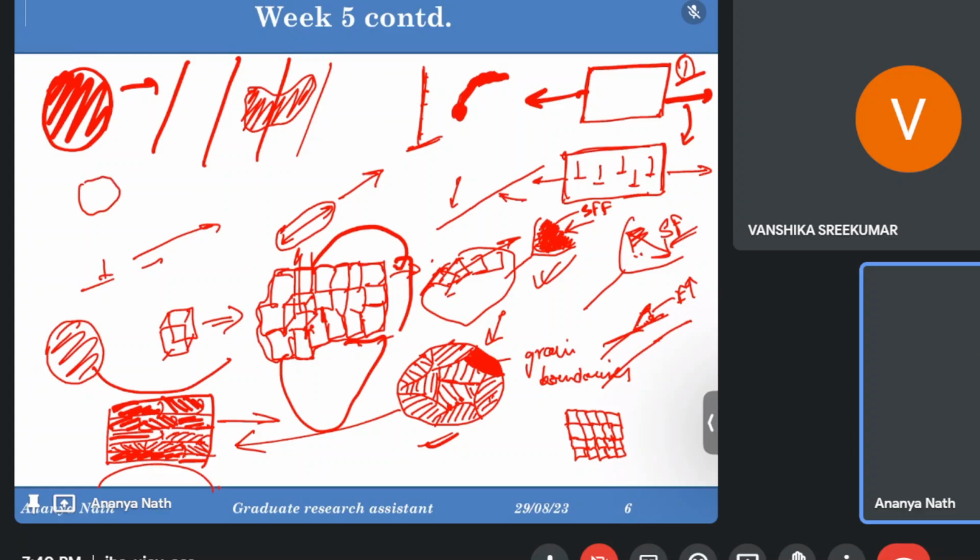So if this is one grain and this is another grain, up to this portion the lattices were oriented in this manner, and beyond this portion the lattices are oriented in this manner, and at the grain boundary there is one dislocation, we can say this is how the grains were separated.